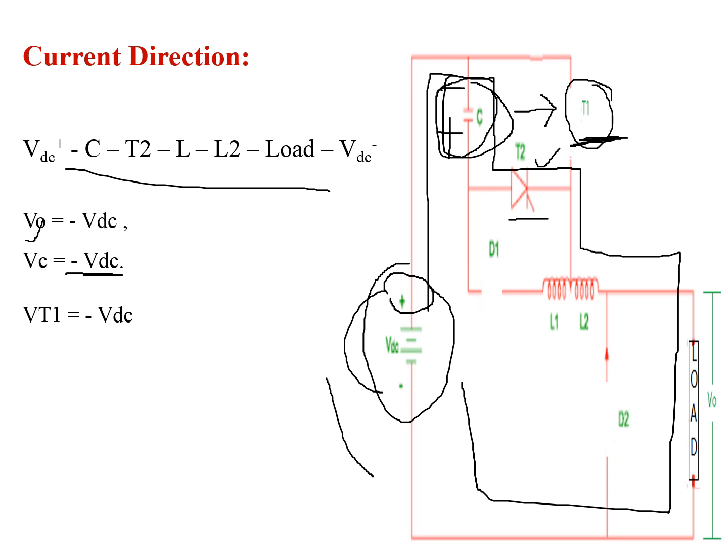That is, the same amount, minus VDC, appears across thyristor T1. VT1 is equal to minus VDC, and the same amount of capacitor voltage appears across the load V0. That is nothing but V0 is equal to minus VDC, and the same process repeats for the remaining cycles.